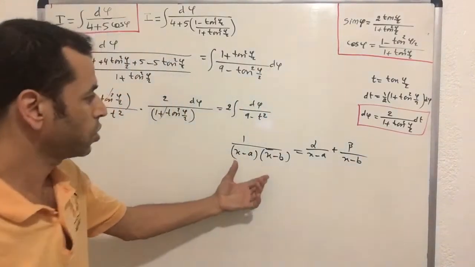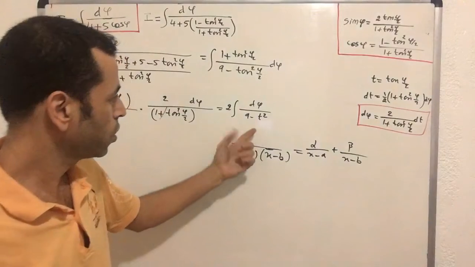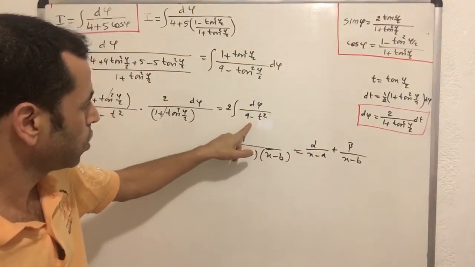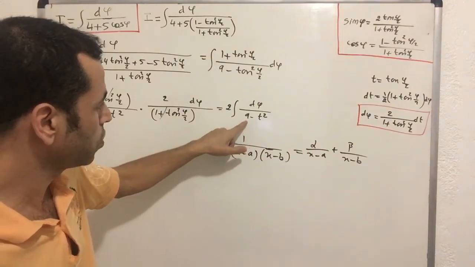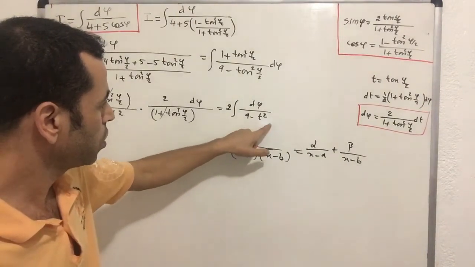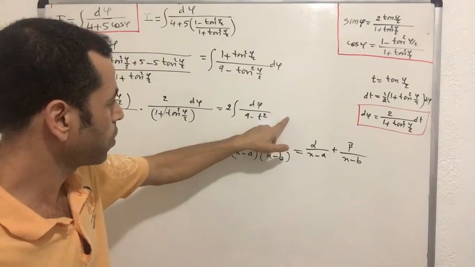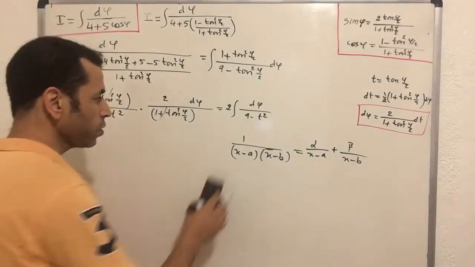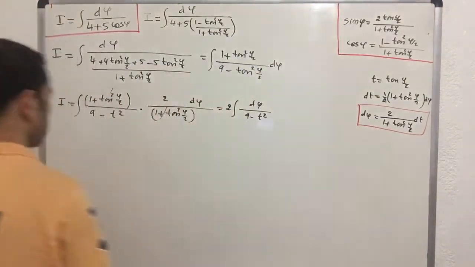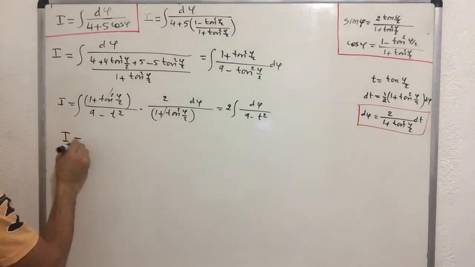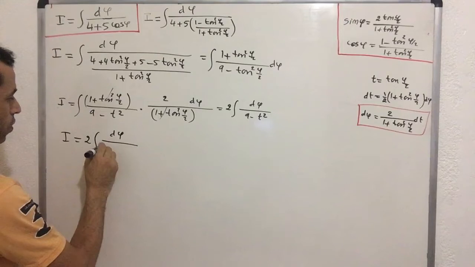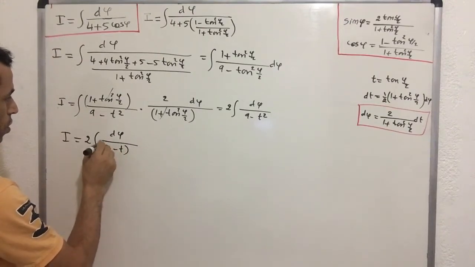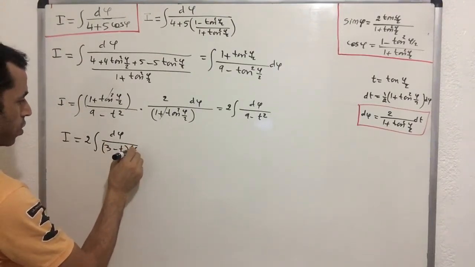We have to change it to this form. This one, in the denominator, you can put 3 minus t multiplied by 3 plus t. So our integral becomes 2 times the integral of dt over 3 minus t times 3 plus t.